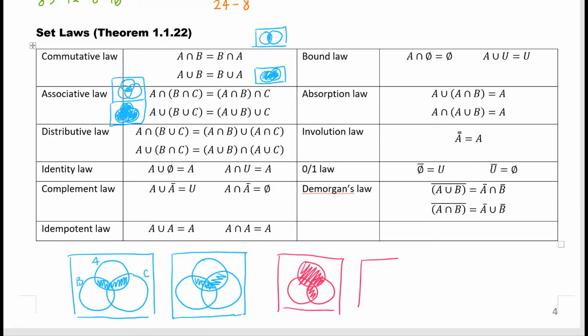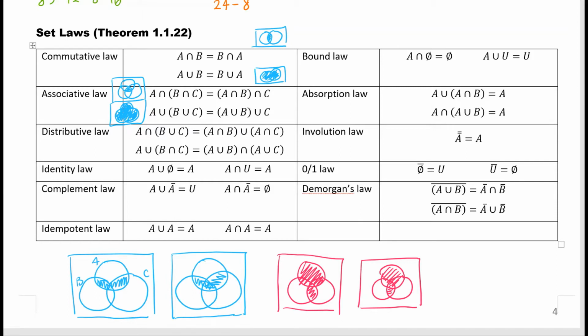On the other side, A, B, and C. A union B is right here, and A union C is right here. When you look for the common region, the common region is also this piece. Can you see it from the picture? So we can show them equal through the Venn diagram.